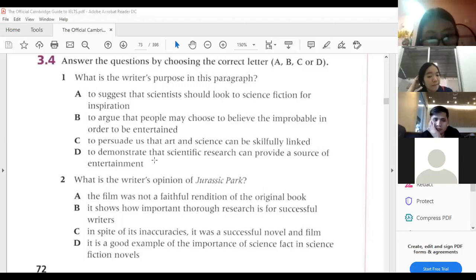So A, did the writer mention the original book in the short text? No. Very good. B, had he mentioned anything about researching things before writing? No. C, was it a successful novel and film?